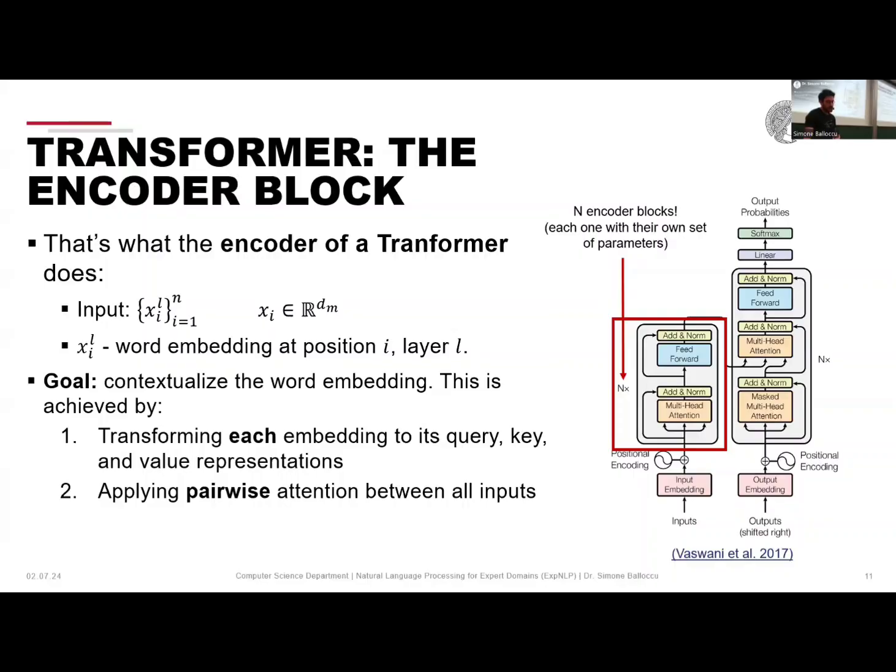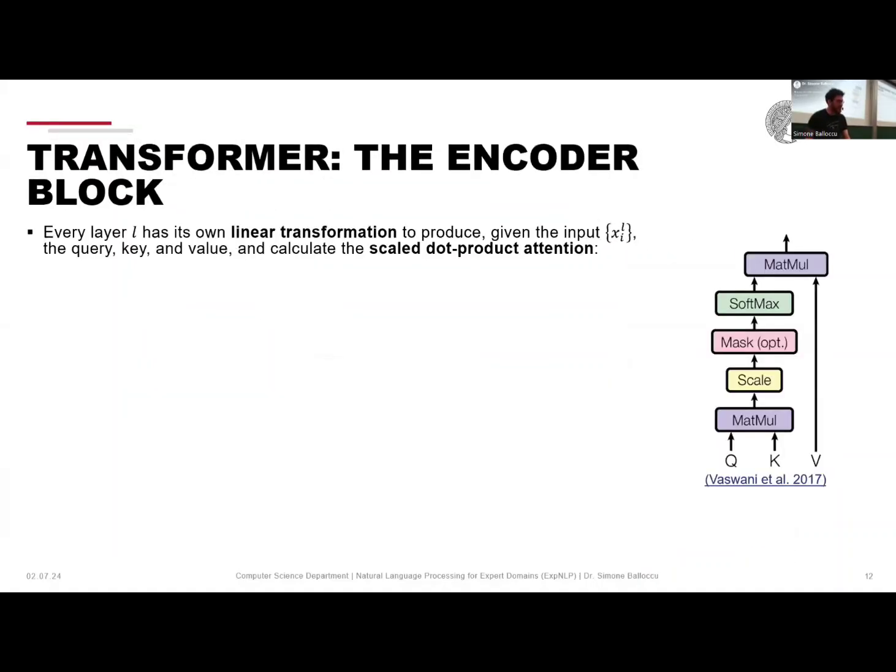We apply pairwise attention between all inputs. It means that every single word attends to all the other words at the same time. And then we use this result as the output for the next layer, the next encoder. Okay, very generic. Let's see how this actually is done. So, okay. Every layer has its own linear transformation.